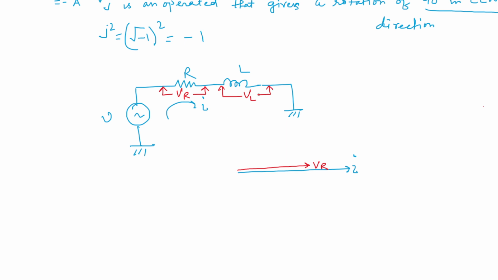Current flowing through the inductor should be lagging, so VL must be in this direction. Current is lagging the inductive voltage. If you draw the phasor summation, this is our complete phasor diagram, and the angle between voltage and current is phi, which is called power factor angle.